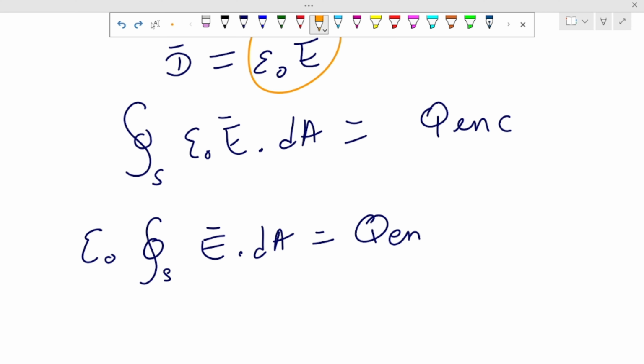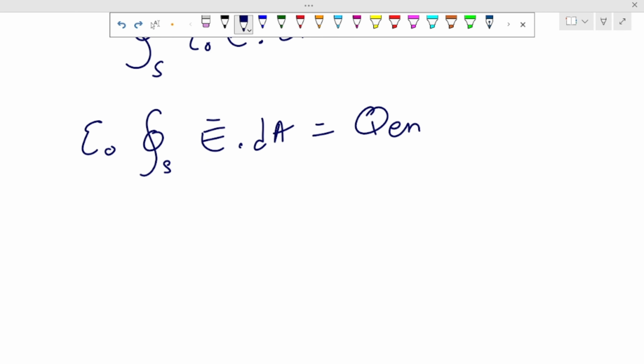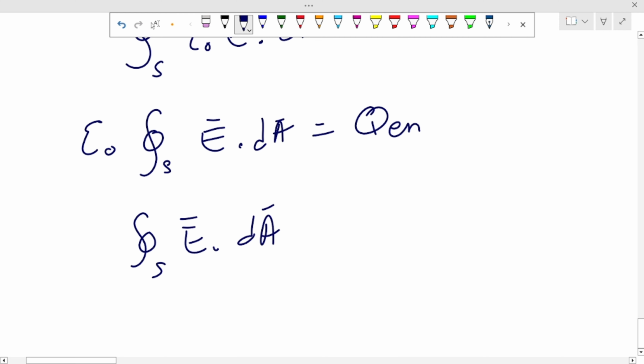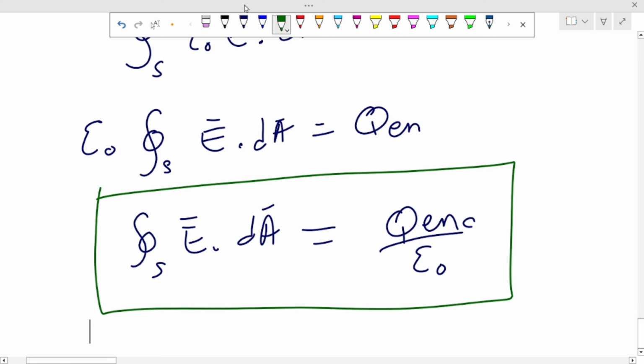The next thing is we'll have this, and that will give us the enclosed charge all over this. Correct. So this is in integral form. This is the first equation in integral form.